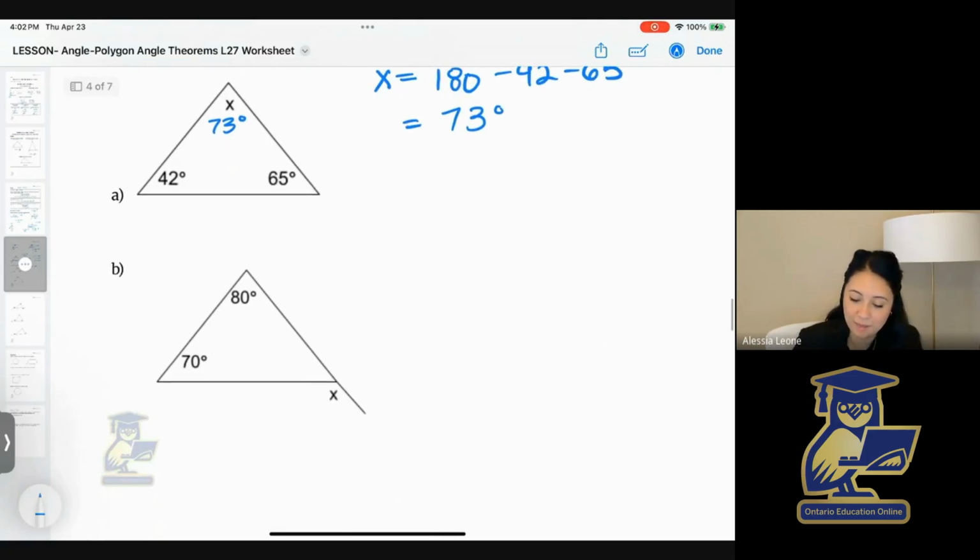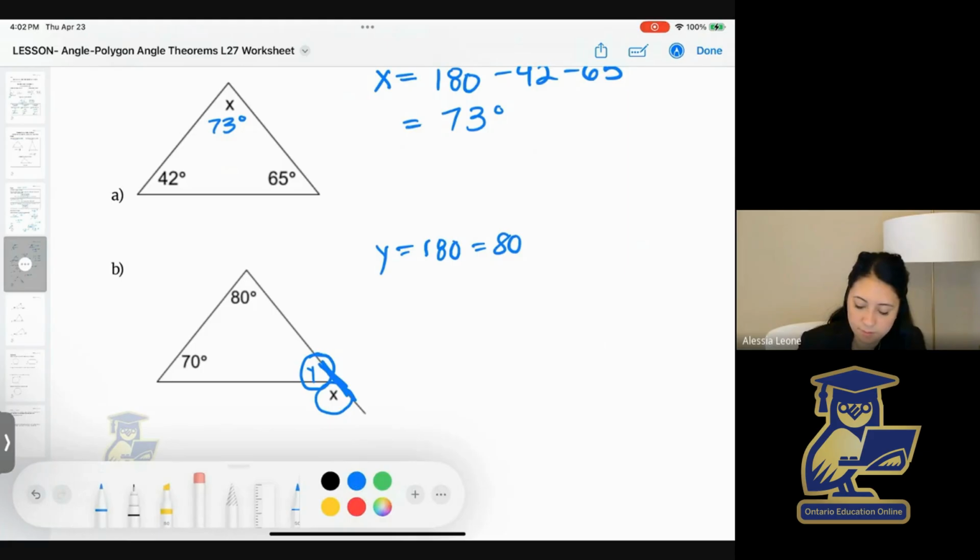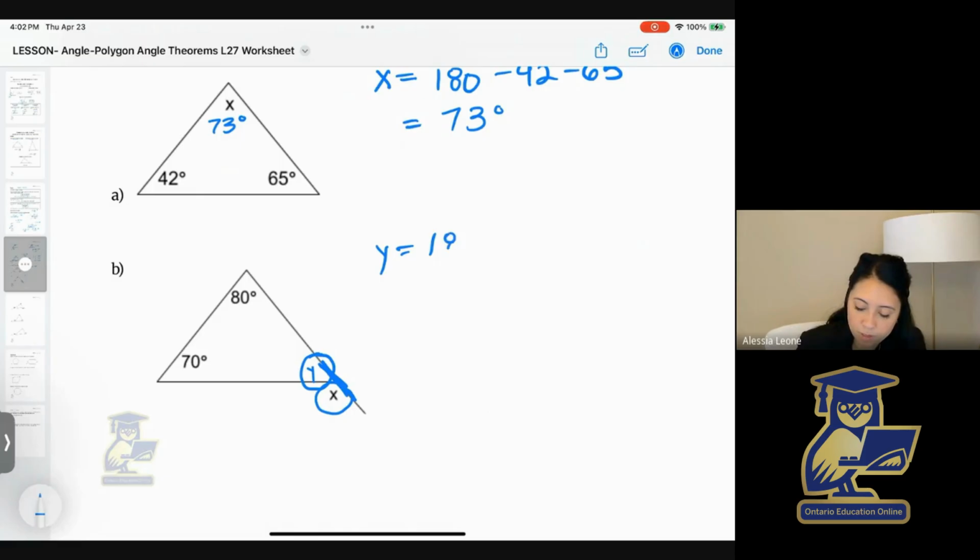This is what I was saying before. This is looking for an exterior angle. So it's on a flat line with this angle over here. If we find this angle inside the triangle, we can find the one on the outside. So let's call this Y. Y is 180 take away 80, take away 70.